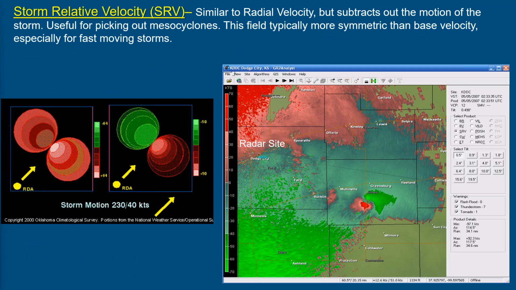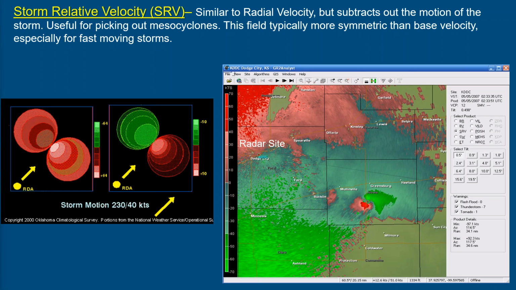Another thing you may see out there is something called storm relative velocity, or sometimes storm relative motion, SRV or SRM. This is the base velocity, but with the motion of the storm subtracted out. Now, why would you want to do that? Well, it turns out especially for faster moving storms, the motion itself can lead to asymmetries in the display.